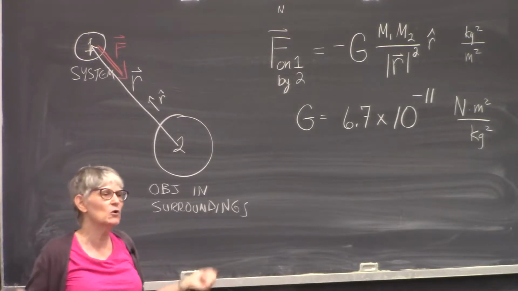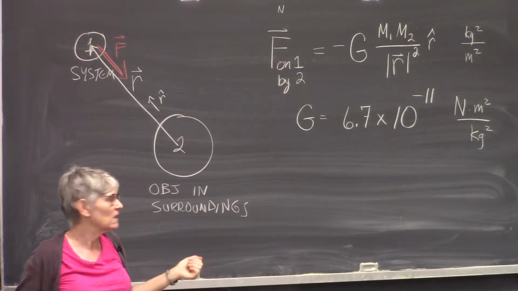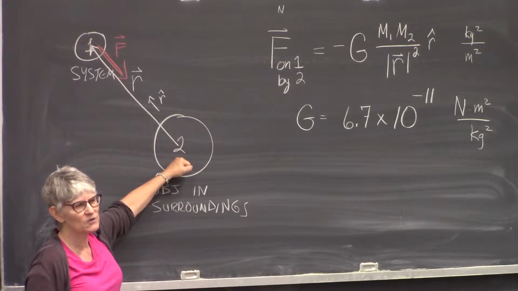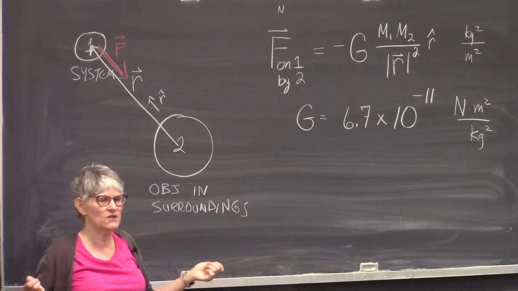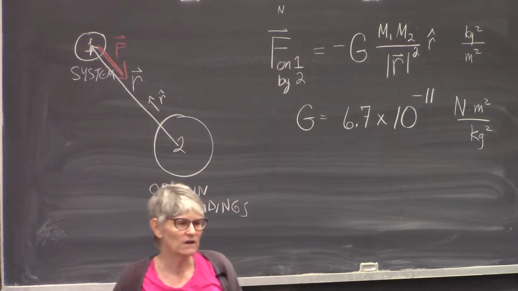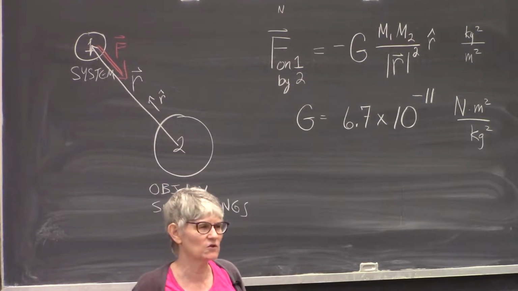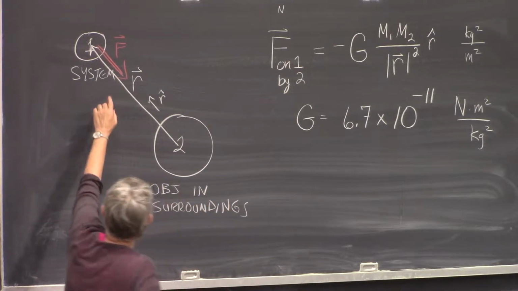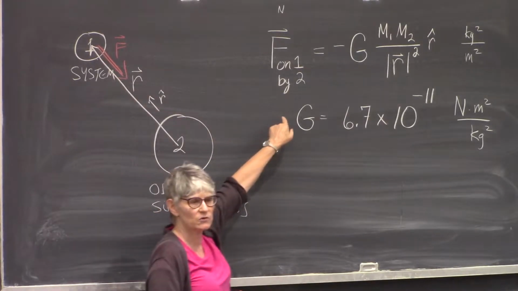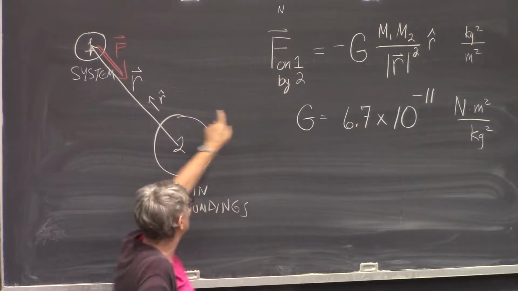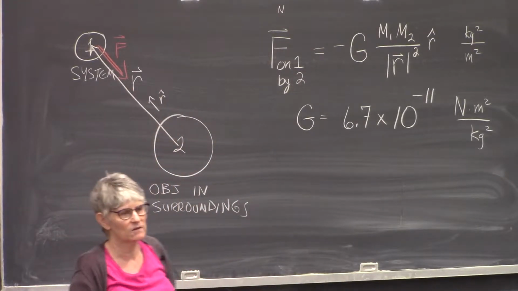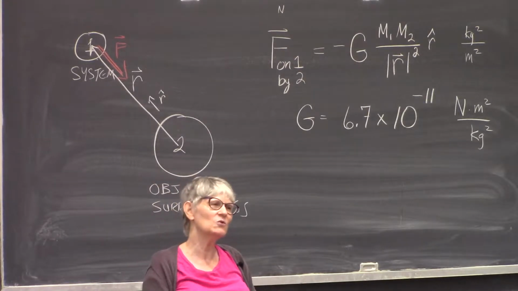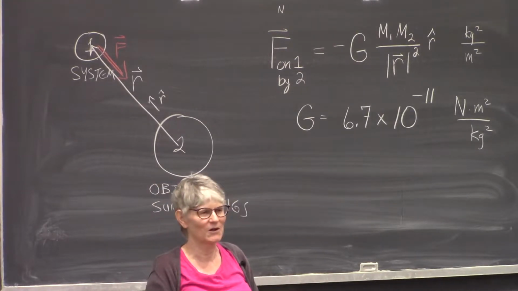It could be a moon or something, or a spacecraft. And we've defined a very simple situation where there's only one massive object in the surroundings that's big enough to exert a force that we care about. So in this situation, this gravitational force, which we can calculate that way, would indeed be our net force on the system. And what do you think would happen if there were two objects in the surroundings, though?